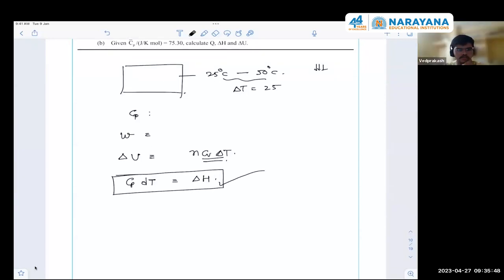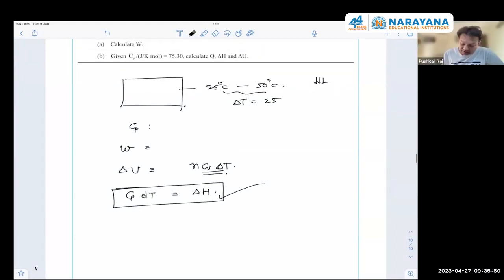Yes, since the process is isobaric, you can say Cp dT is delta H. Why?